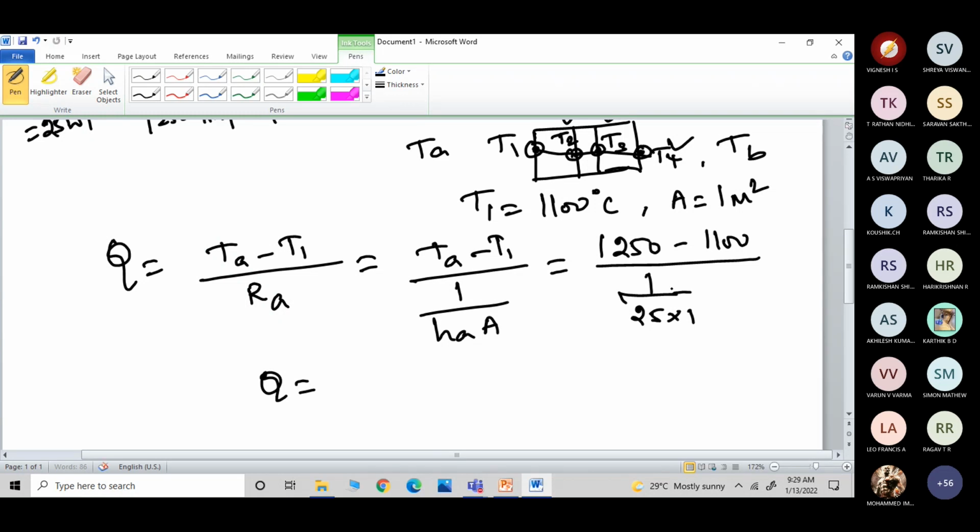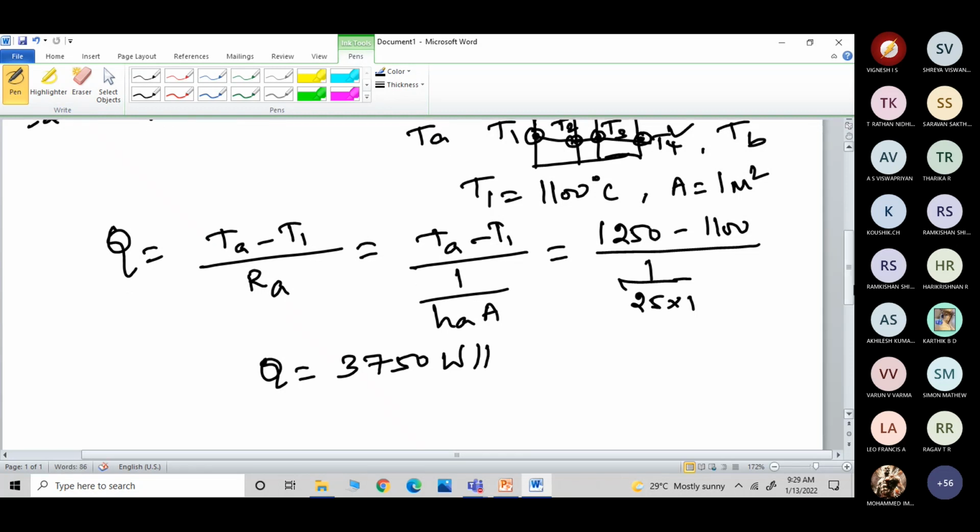It is 150 into 25. How much? 3750. 3750 watts. Am I correct? Okay. Now we got this 3750.